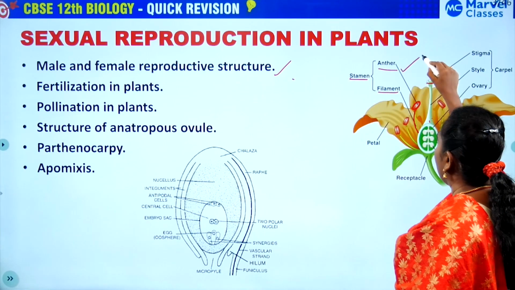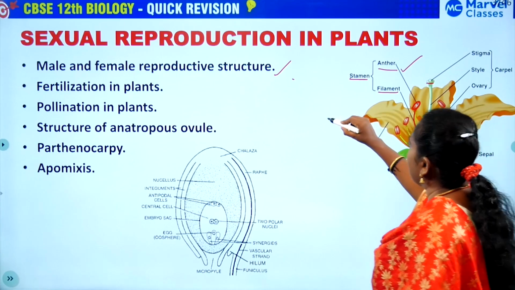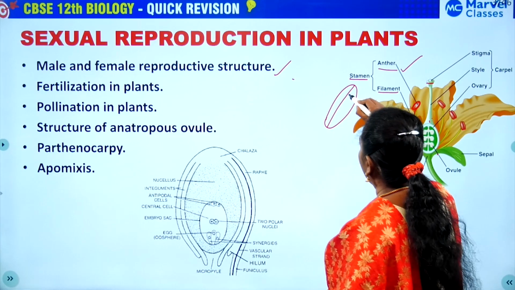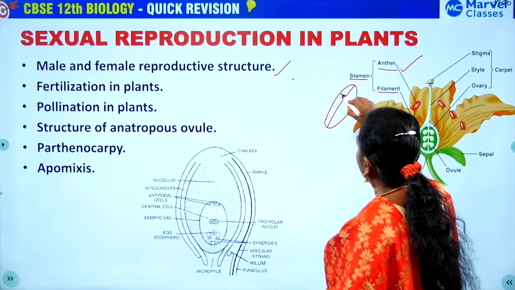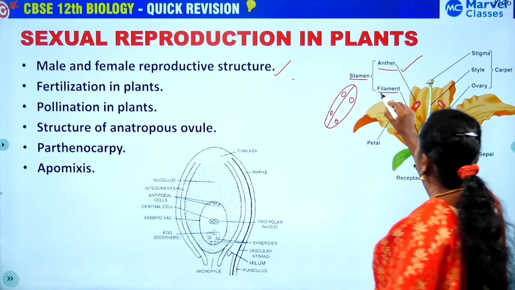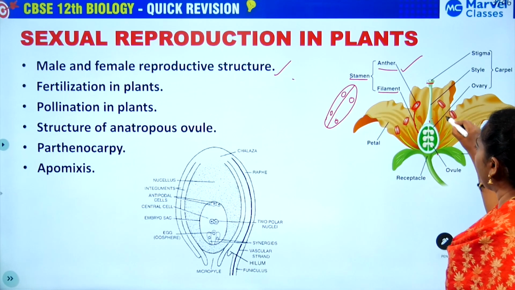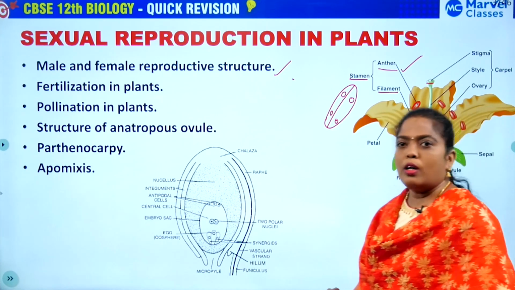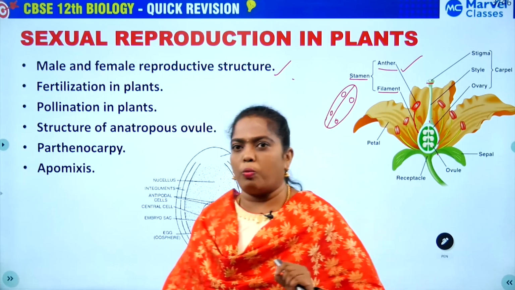Then talk about the anther. The anther is bilobed and tetrasporangiate. And when you are talking about the filament, you can say the filament is attached to the thalamus. So like that, one line about each and every topic.